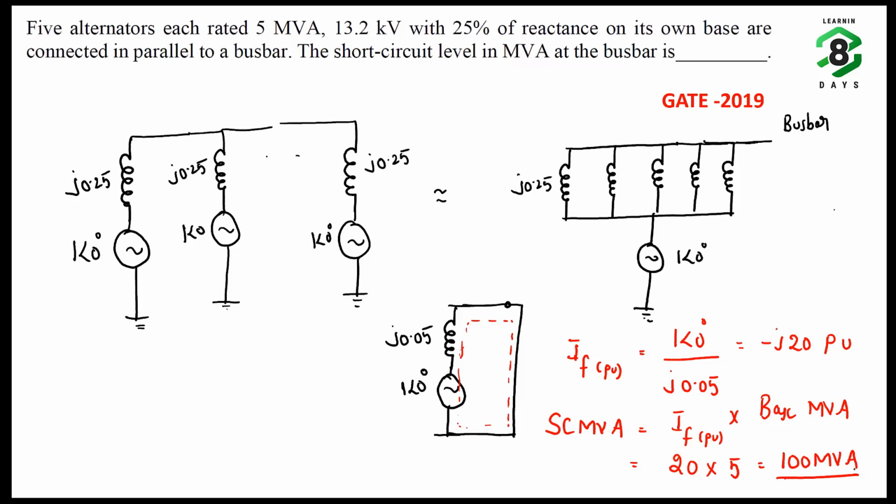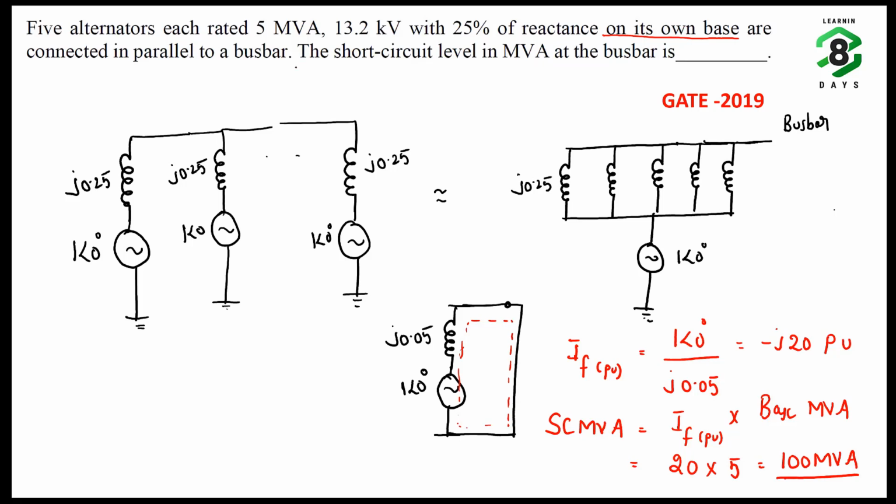Okay, so here 5 alternators of 5 MVA and 13.2 kV with 25% reactances are connected in parallel. He's asking you to select the base value as the machine ratings only, because he's mentioned the words on its own base. If a 3-phase short circuit occurs at that bus bar, then what is the short circuit MVA?